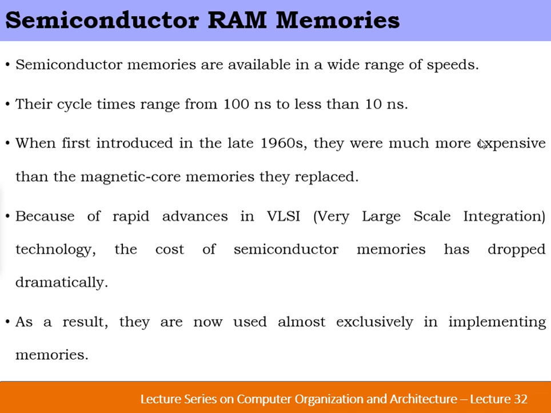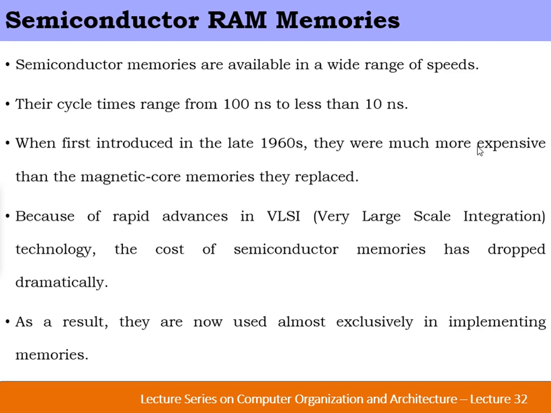Semiconductor RAM memories are available in a wide range of speeds. Normally their cycle time ranges from 100 nanoseconds to less than 10 nanoseconds. When they were first introduced in the 1960s, they were very expensive, more expensive compared to magnetic core memories.